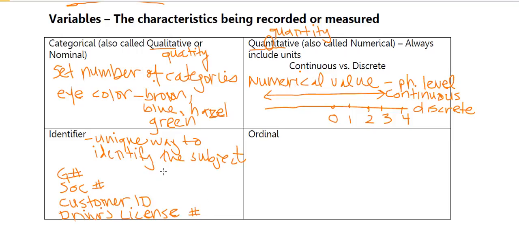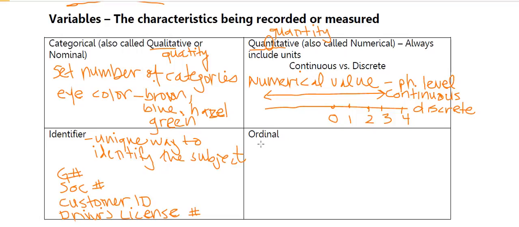That is an identifier. Even though it's a number, I wouldn't necessarily say that it's quantitative. One test I use is, would you average those numbers together? Would you take an average G number? Now that doesn't make any sense. So I wouldn't call that quantitative. I would call that an identifier variable.